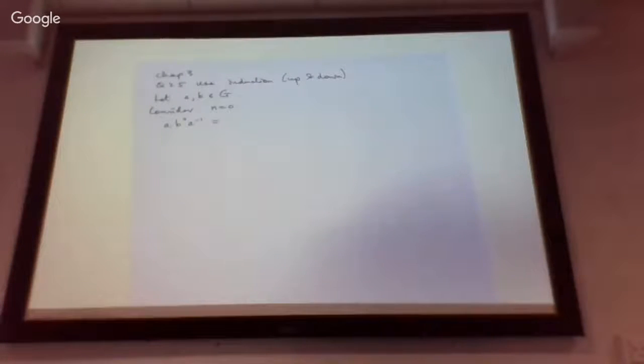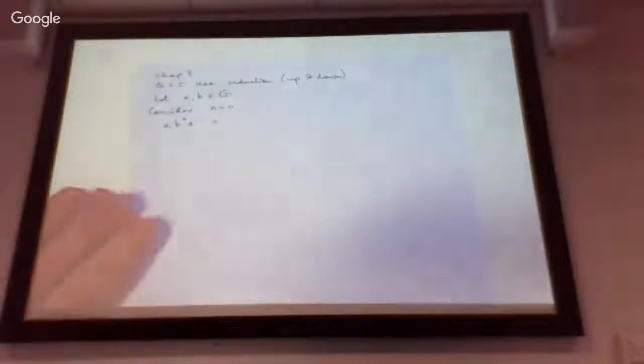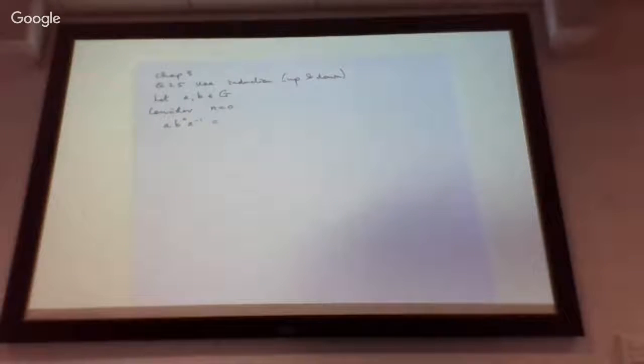What can I say about that? What is B to the power 0? The identity. So if B was a number, it'd be 1. And even sometimes when people write multiplicative notation for a group, they do write the identity as the symbol 1.